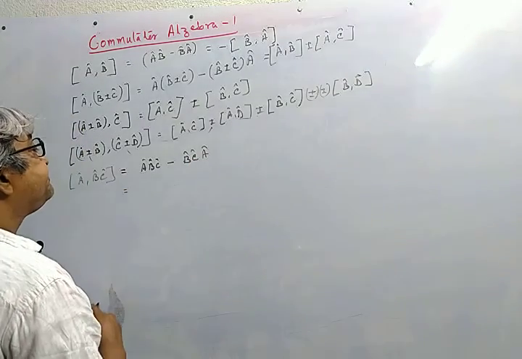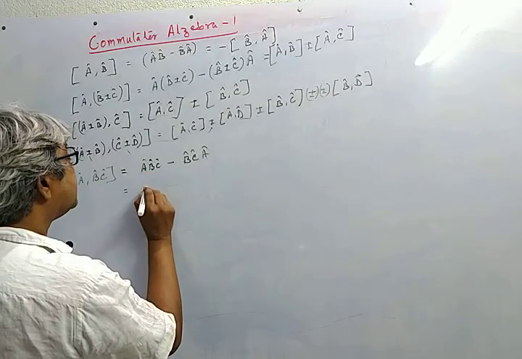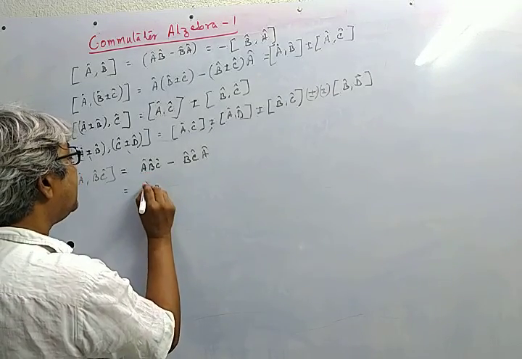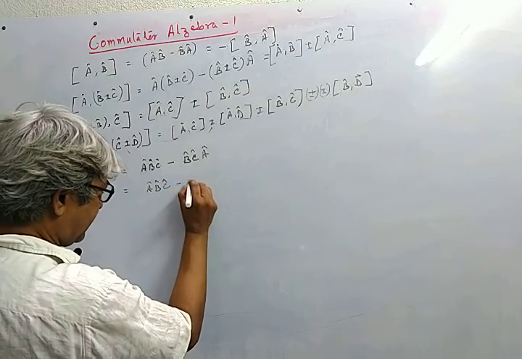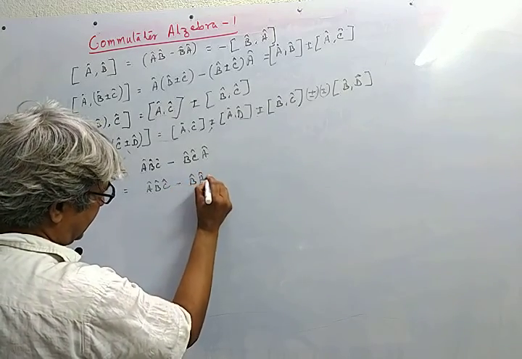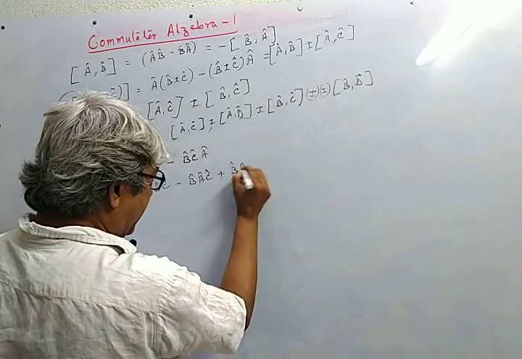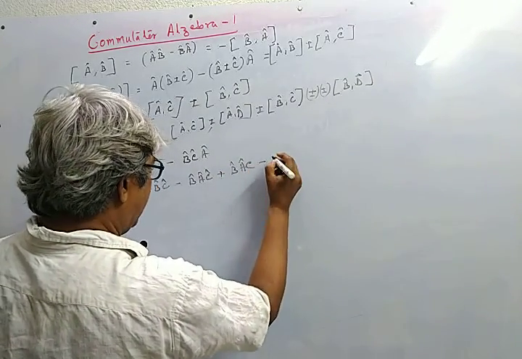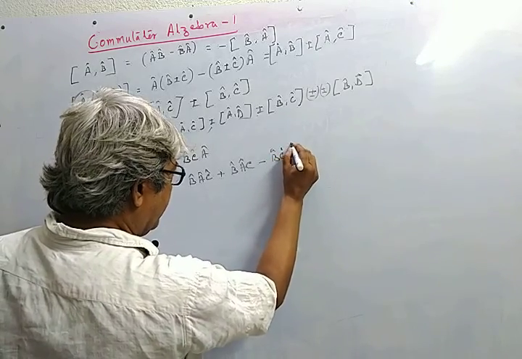We write it as ABC, subtract a term BAC and add the same term BAC, minus BCA.